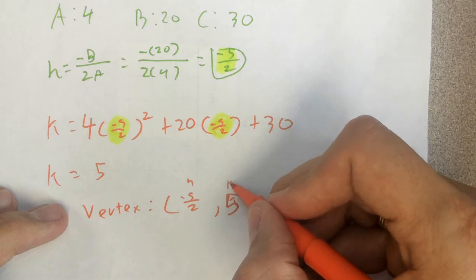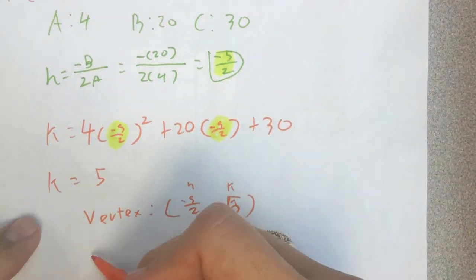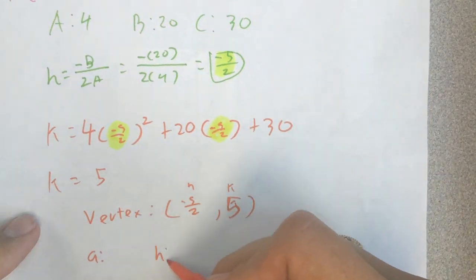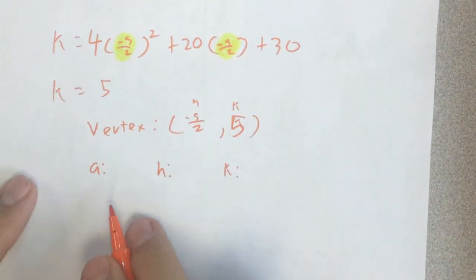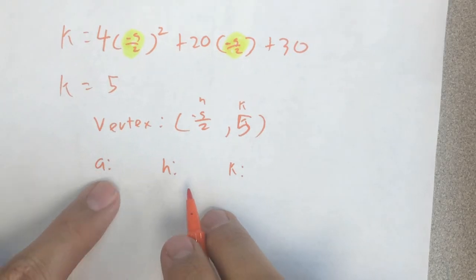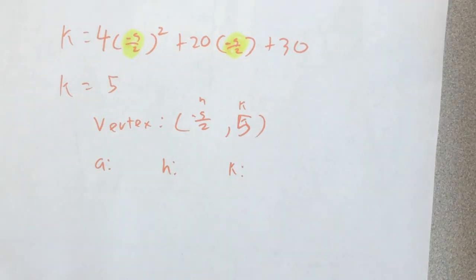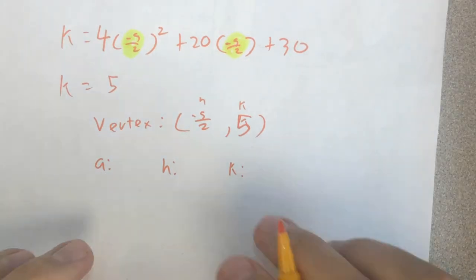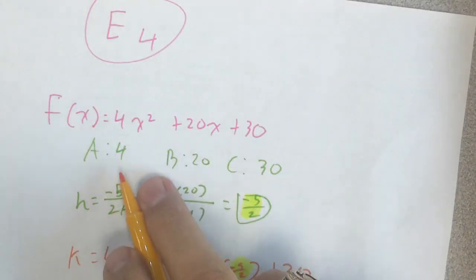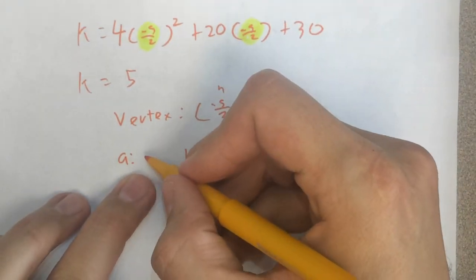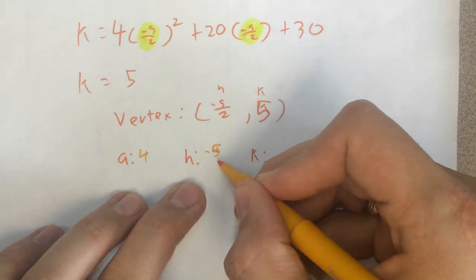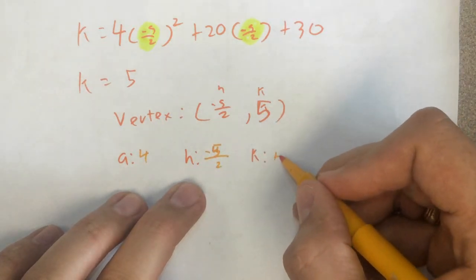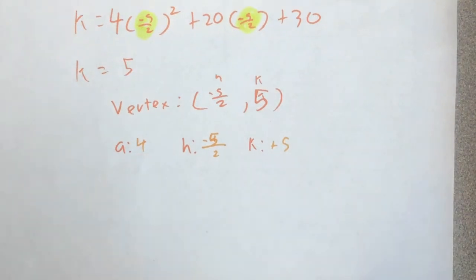That's my H, that's my K. So my A, H, and K are as follows. My A comes from my original problem, that is 4. My H comes from here, negative 5 over 2, and my K is positive 5.